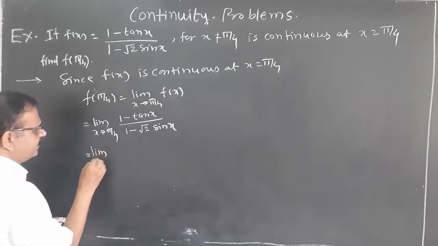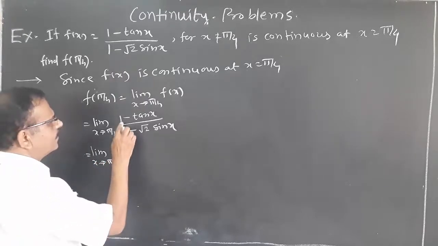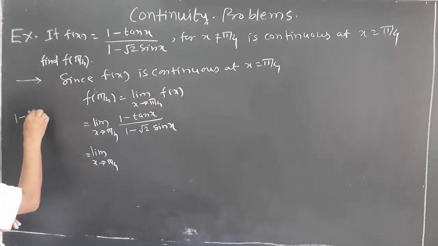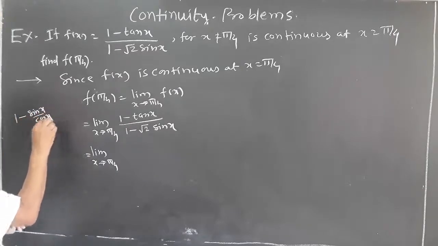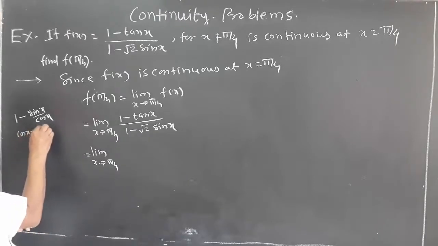This is equal to limit x tends to pi by 4 of 1 minus tan x, that can be written as 1 minus sin x by cos x, that means cos x minus sin x divided by cos x.